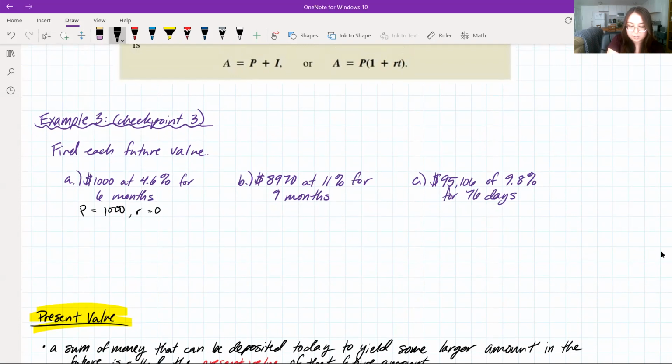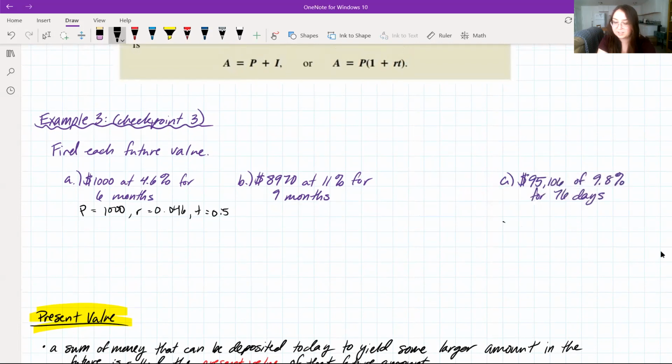Our rate is 0.046. And our time is 6 months, so it's half a year, so we'll use 0.5. So T is equal to 0.5.